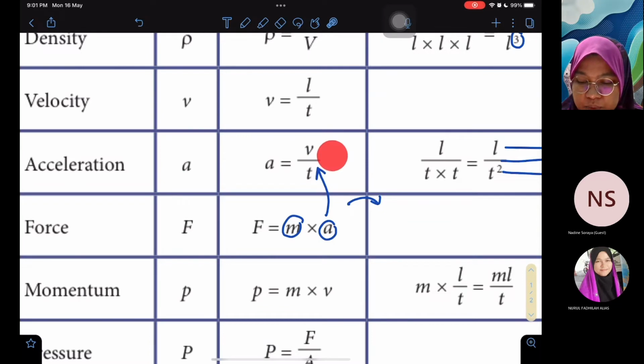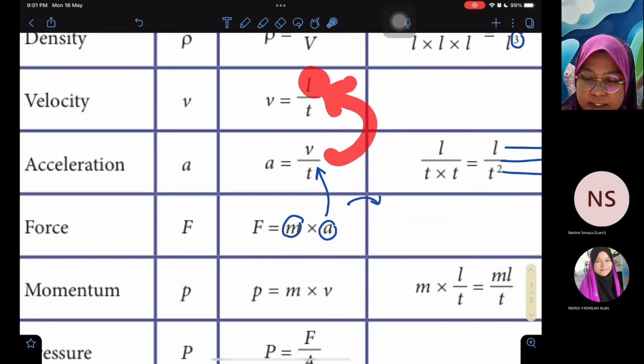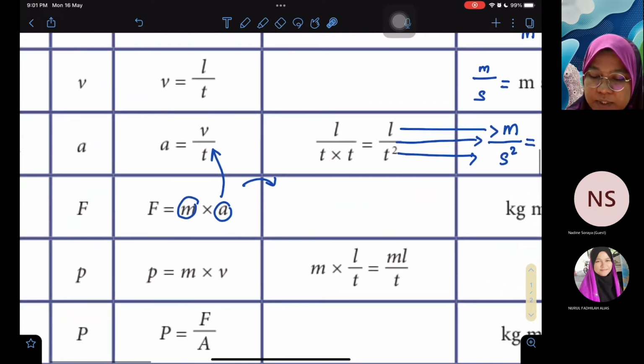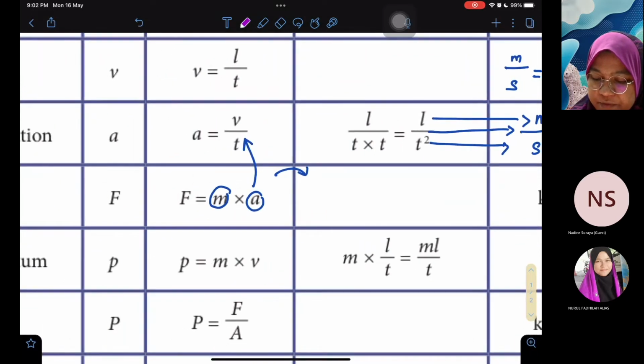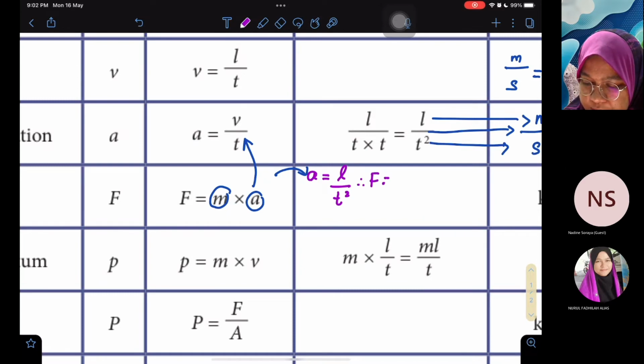So from there, we look at velocity. In velocity, this one is a basic quantity, this one a basic quantity. But if we already know here, we can write directly. So for force, M is mass, a basic quantity, and then A is actually length over time square. Therefore for force we have M times L over T square.